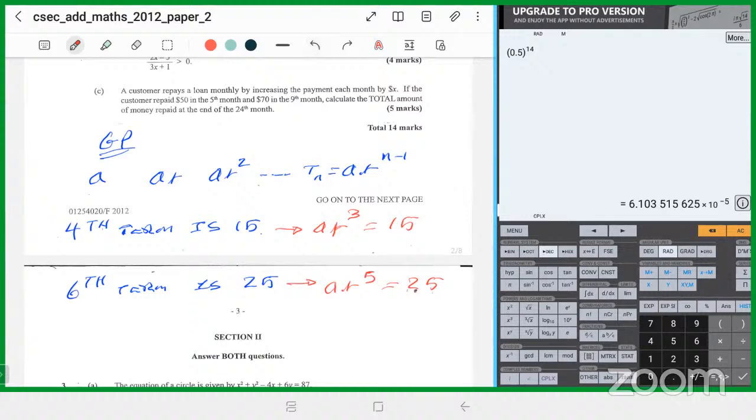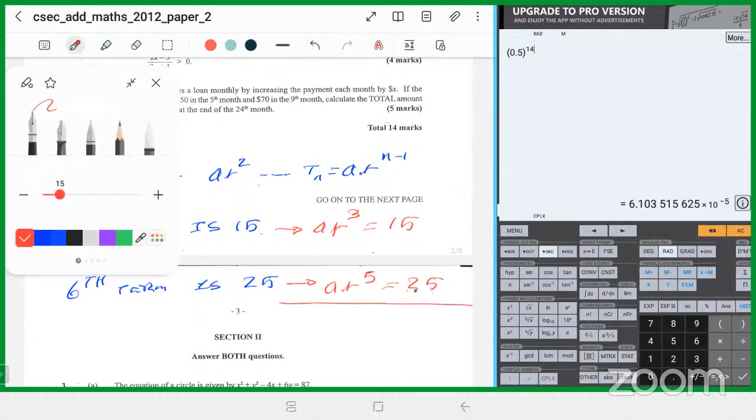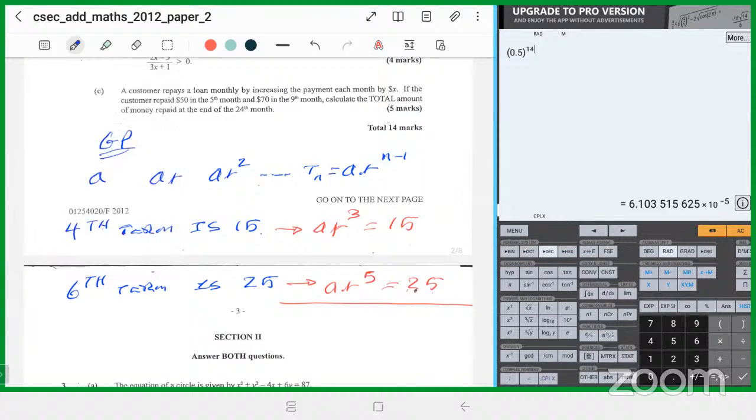So you divide to solve them simultaneously, because it is derived from multiplying values. It's a multiplying series. An AP is like an addition series, so you add or subtract equations to solve them. This one I would divide.